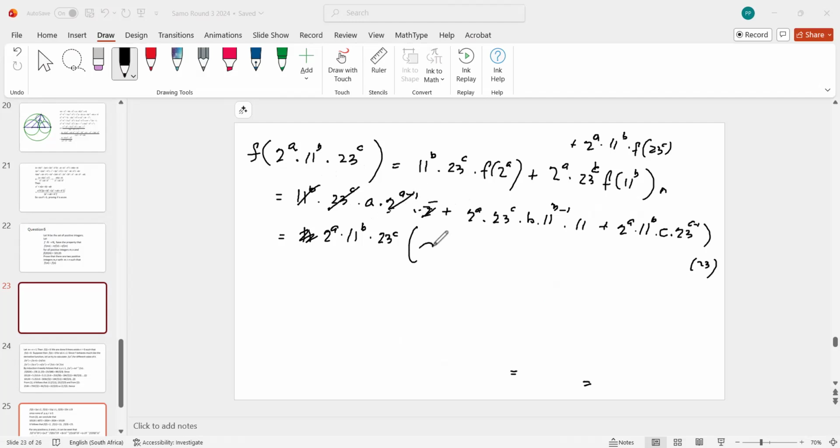And the remaining factor is a. Again, you take 2 to the a, 11 to the b, 2 to the a, 23 to the power of c, and these two, when you multiply it, you get 11 to the b. So that comes out as the common factor. You got b, and likewise, this is c.